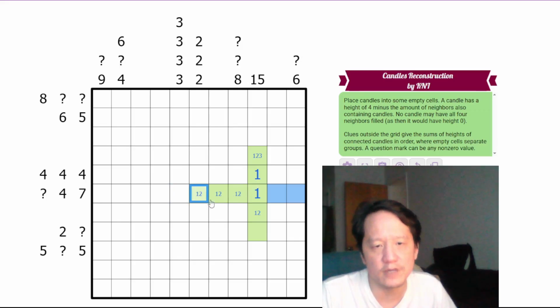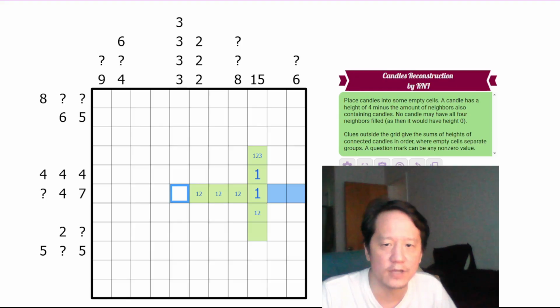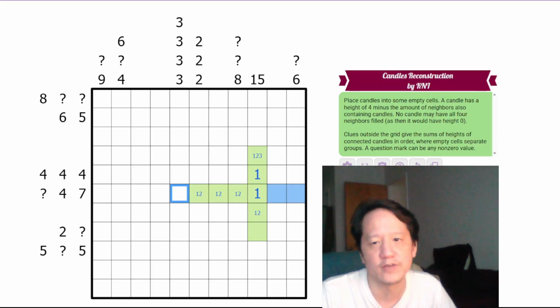So even if this is 2, that means you have to have a candle here. Because you can't have a candle here if this is 2. And if this is 1, that means this adds up to 6 at most, which means this must have a candle. So either way, this is having a candle.